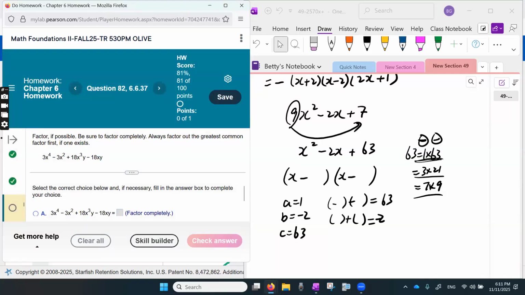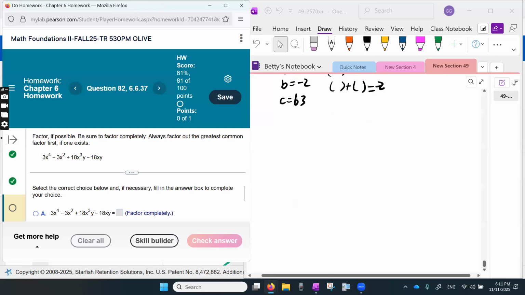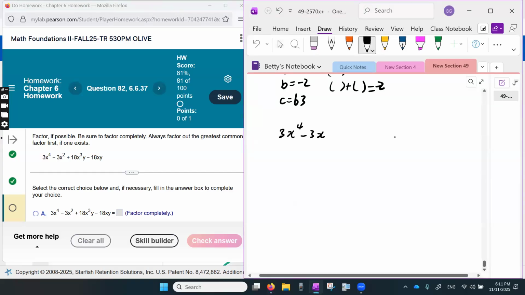This one also has 4 terms. But obviously, we have a GCF to factor out. Let me copy the problem first. 3x to the 4th minus 3x second power plus 18x cubed y minus 18xy. The GCF is going to be 3x.